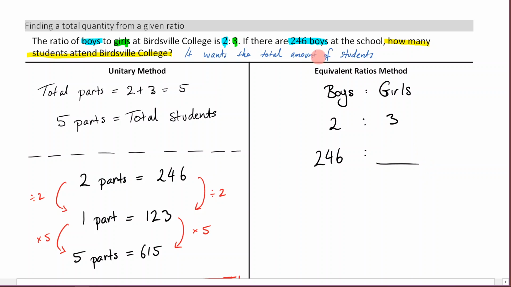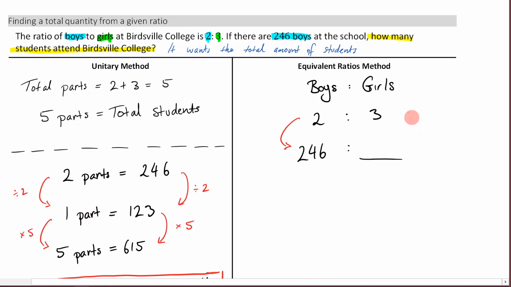Now, it's just equivalent ratios. So how is 2 related to 246? And however that is related to it, I'm going to times this side by the same thing. So notice that you're timesing something by quite a bit here, but maybe you can recognize that this is going to be 123, which means I have to times this side by 123. And 3 times 123 is going to be 369.